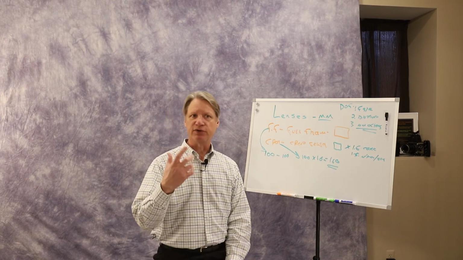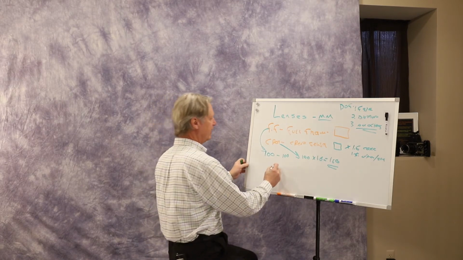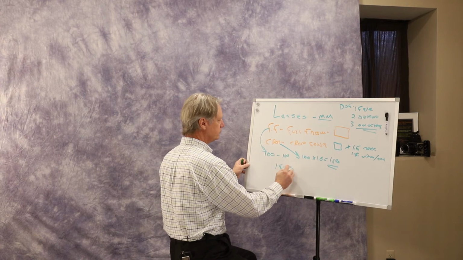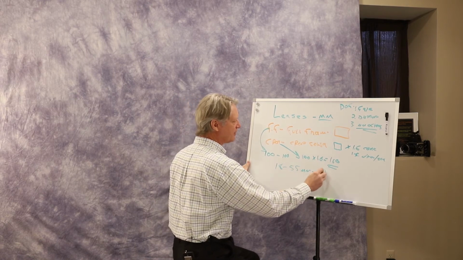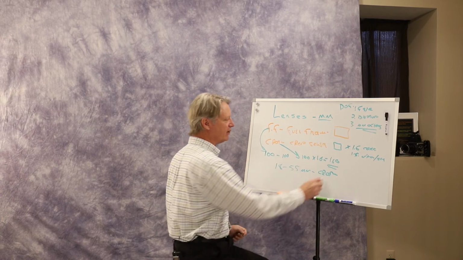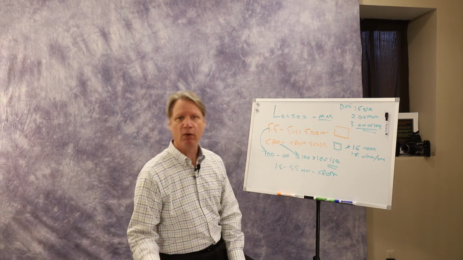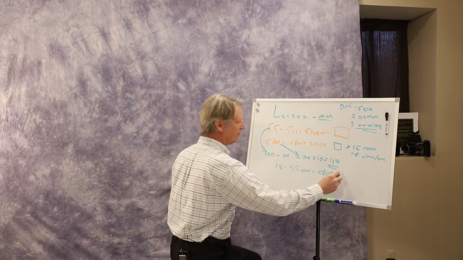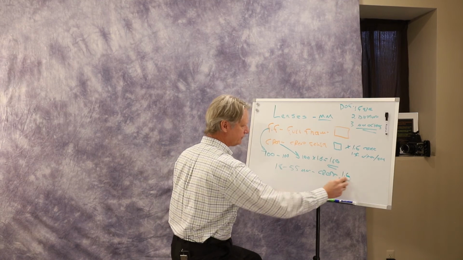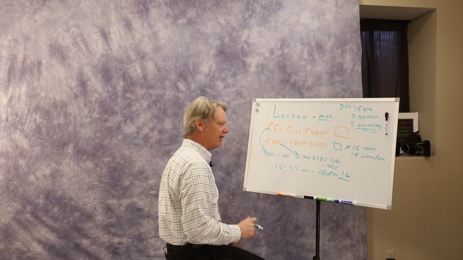The issue is that you have an 18 to 55 millimeter lens on your crop sensor camera. Is that really an 18 to 55? Well, now you know. Of course, the answer is no. 18 times 1.6, we have to do the multiplication.